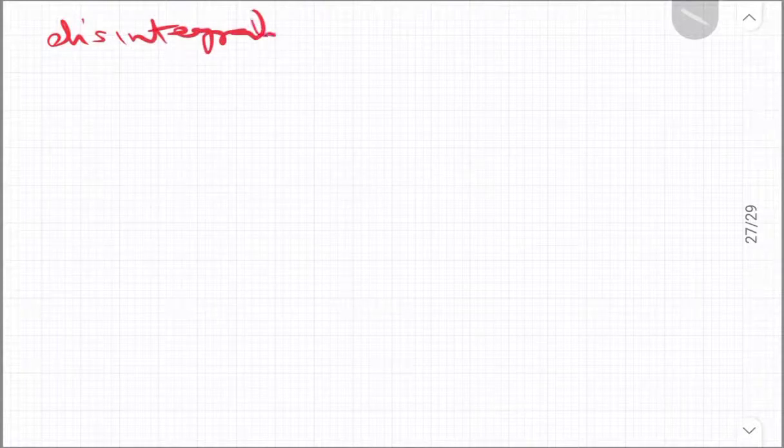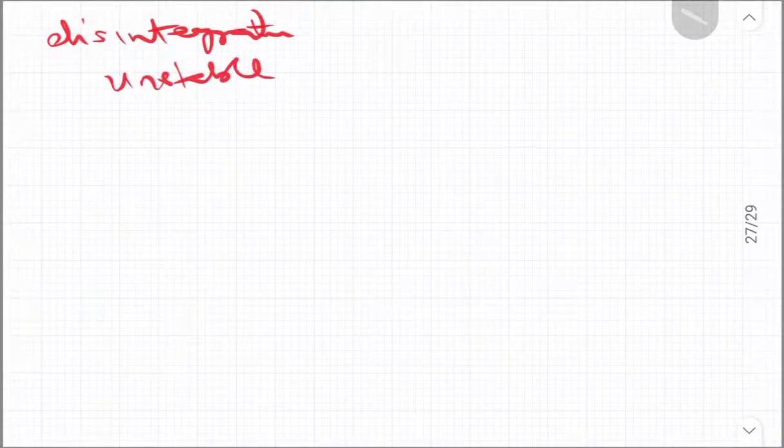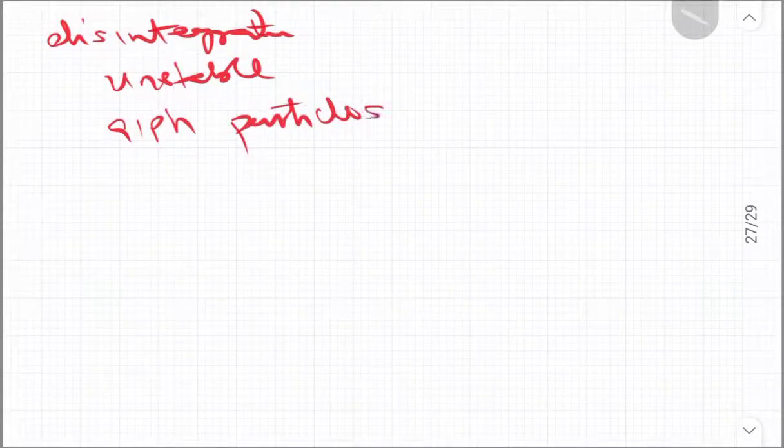Radioactivity is the spontaneous disintegration of an unstable atomic nuclei with the emission of alpha particles, beta particles.